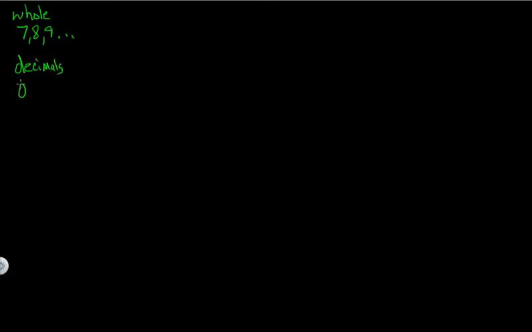So these are numbers like 0.25, 0.008, and so forth. Integers, these are positive and negative whole numbers, so we can think of -4, -3, -2, -1, 0, 1, and so on.